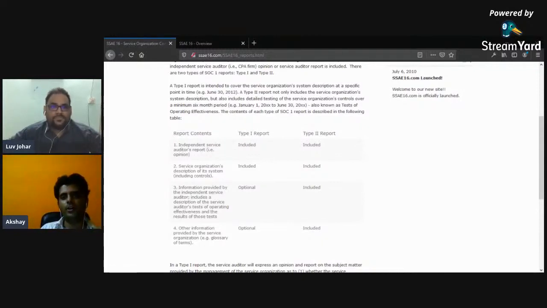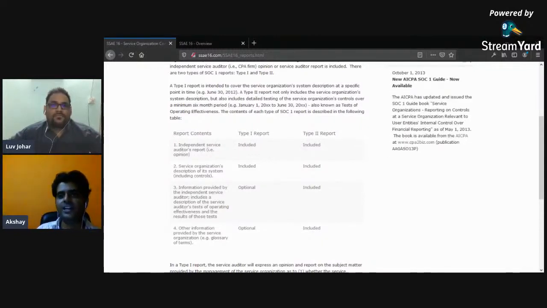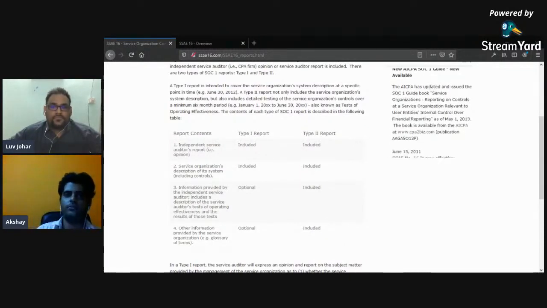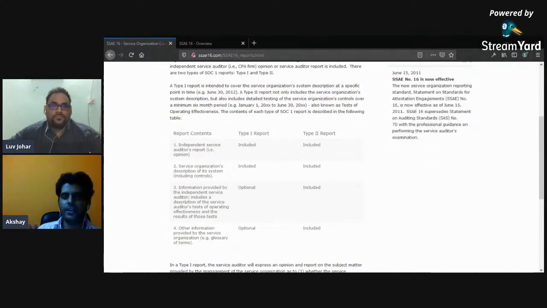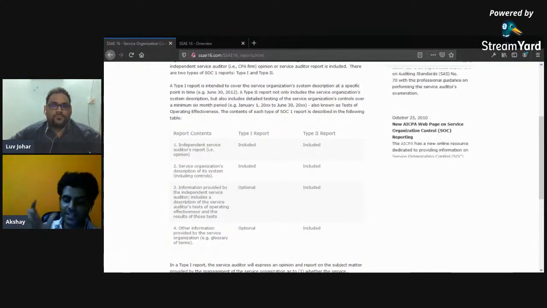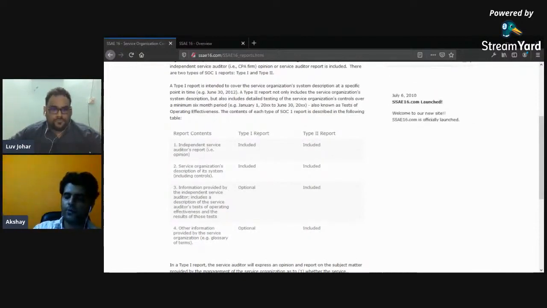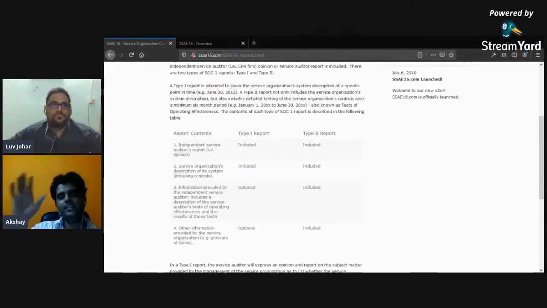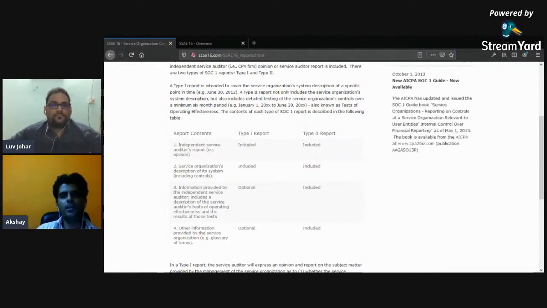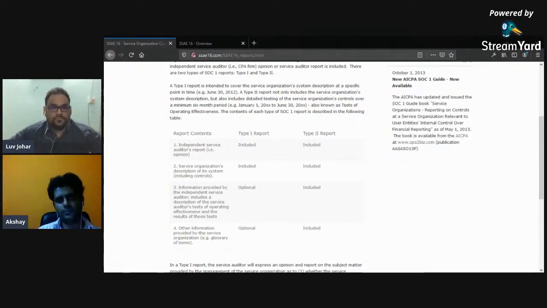If you are dealing with financial data, then you need to do SOC 1. If your controls or your service could affect the financial reporting of your user entity, in that case always go for a SOC 1. If not, then you don't really need a SOC 1.